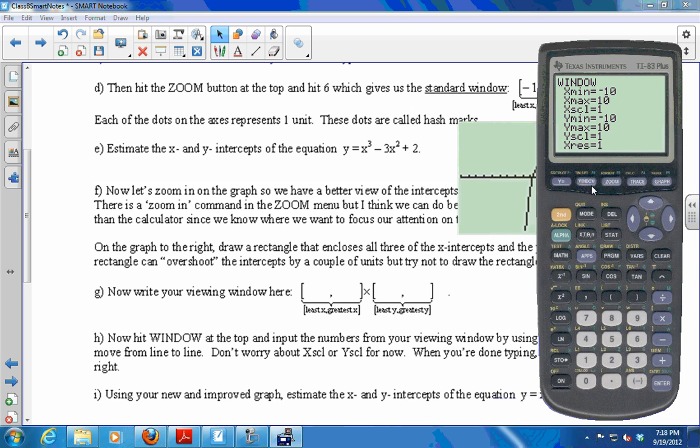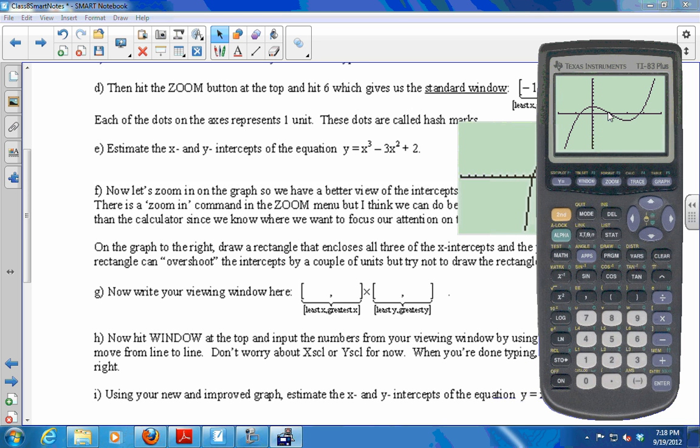So go to window, type -2 for x min, and 4 for x max. Now, I generally always keep the x scale at 1. That just means how big a unit is between tick marks. And then for y, we'll graph this, and then we'll change y as needed.